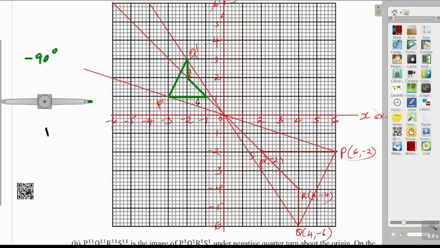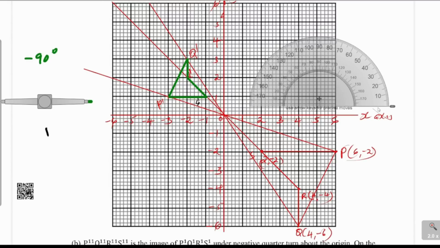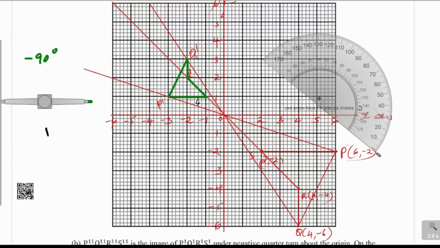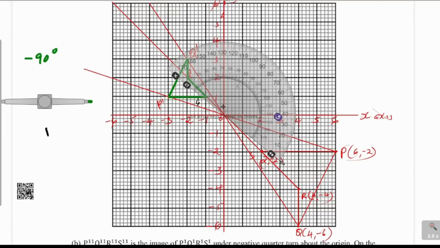So take a protractor. After joining P1 to the origin, this is how you place your protractor, along that straight line.